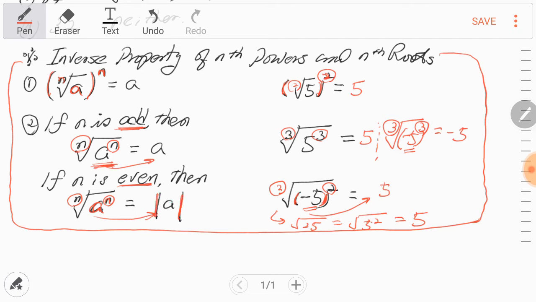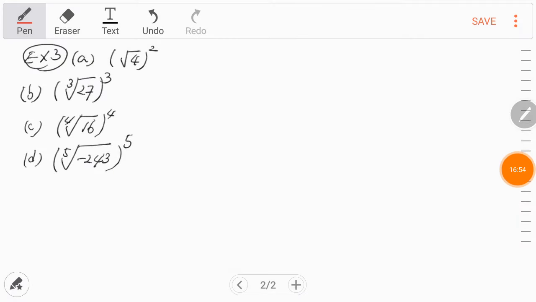Okay, let's try examples. This example has 4 parts. Let's try to simplify these. The first one is the square root of 4, and this whole thing is raised to the second power. This is a square root, so the power is outside, and you can take the base out. How about this one? Same thing.